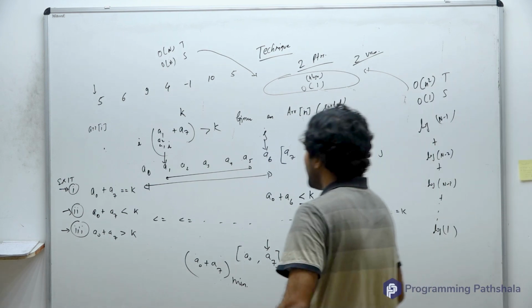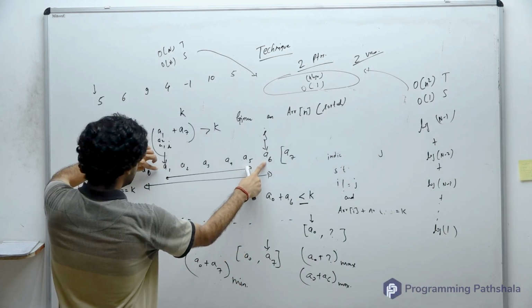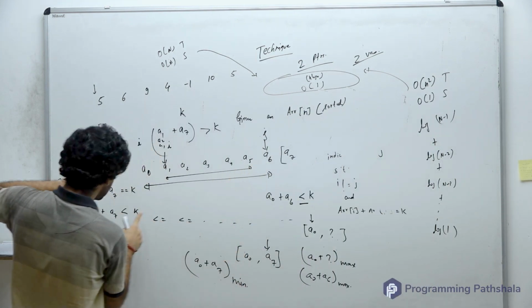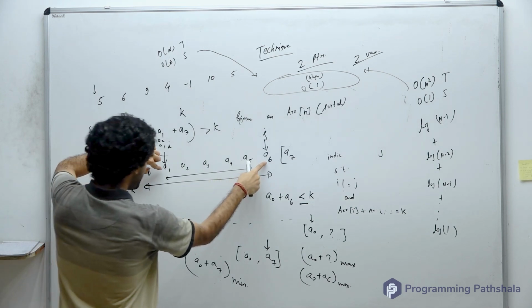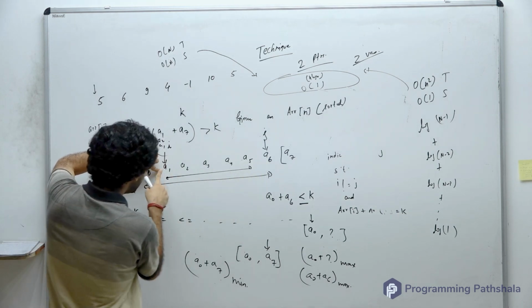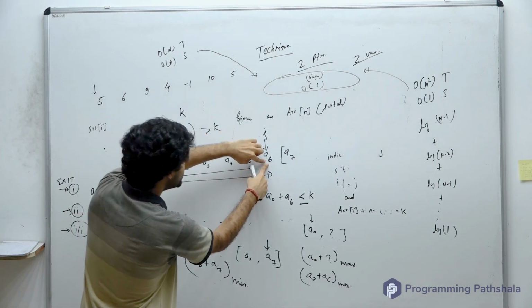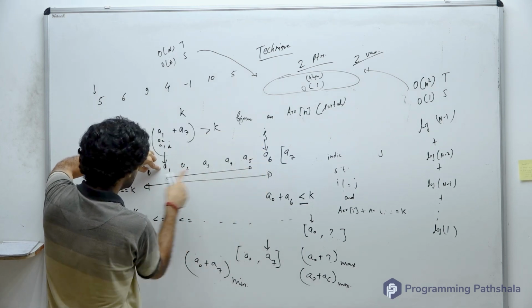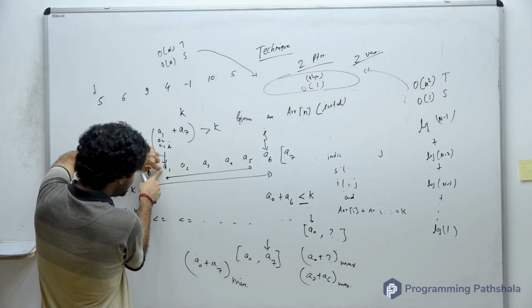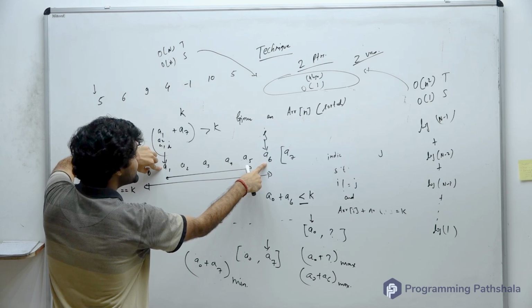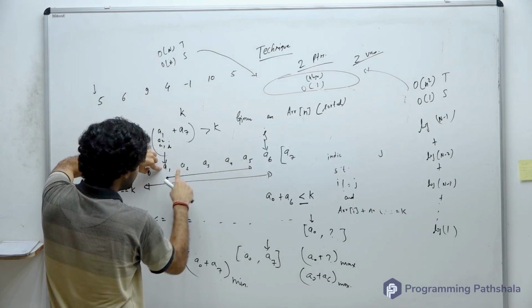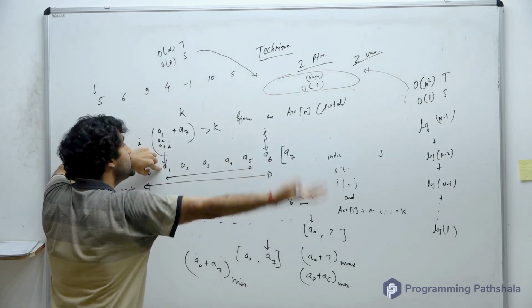Very good. But if the sum happens to be smaller than k, then you think: if this thing with this is making a sum which is smaller than k, then this thing with all these will make a sum even smaller than k.